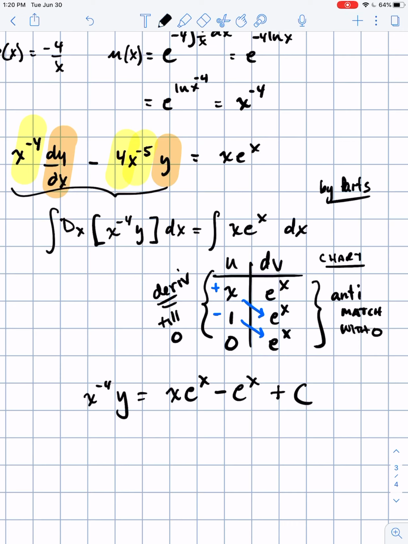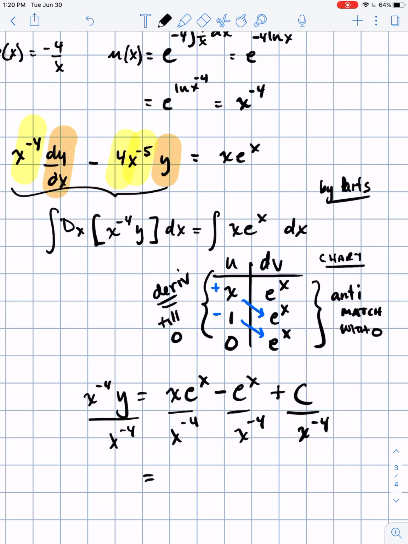solution. But if I'm solving for y, I'm going to divide everything by x to the negative 4. Not negative x to the negative 4, just x to the negative 4.